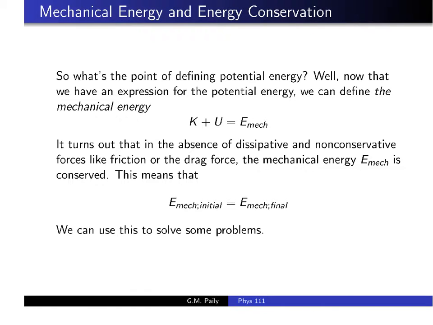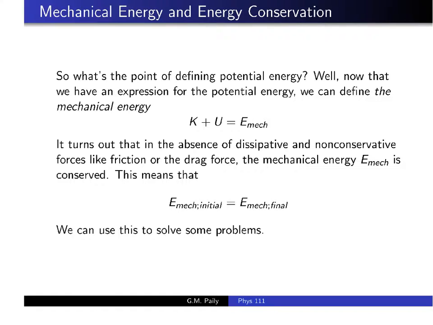Is this useful? In the absence of dissipative and non-conservative forces, like friction or drag, and also in the absence of external forces, then the mechanical energy, E_MEC, is conserved.